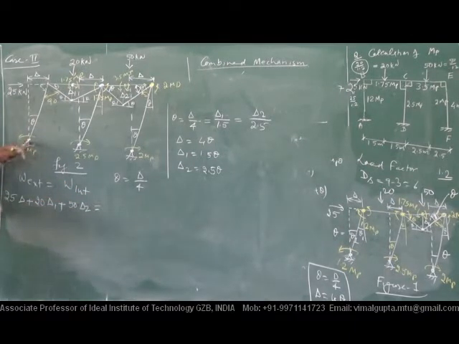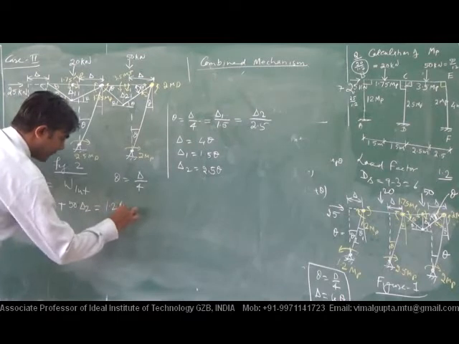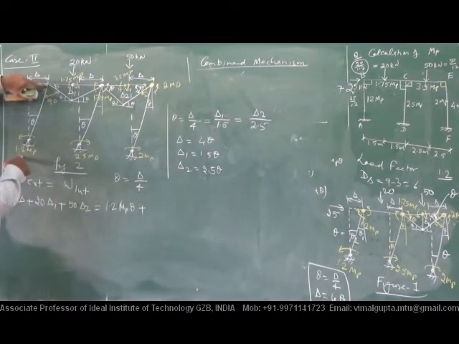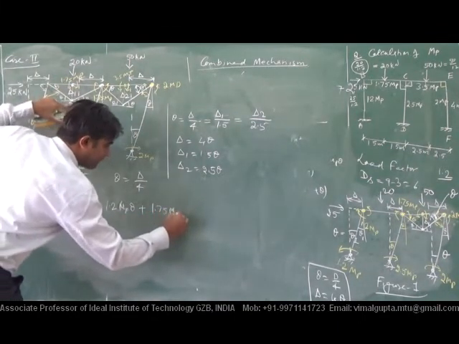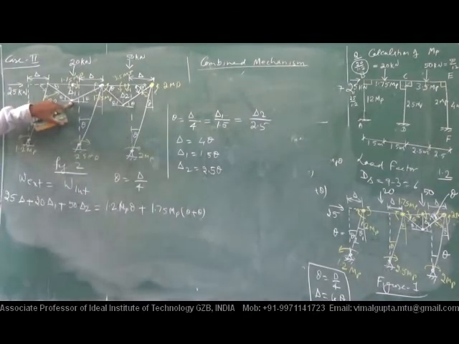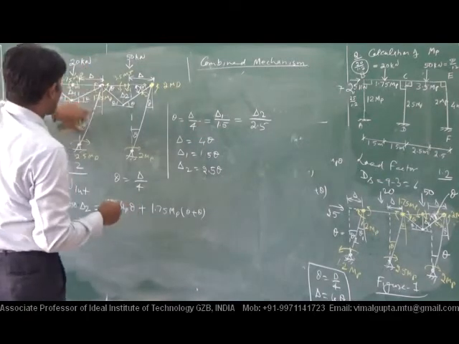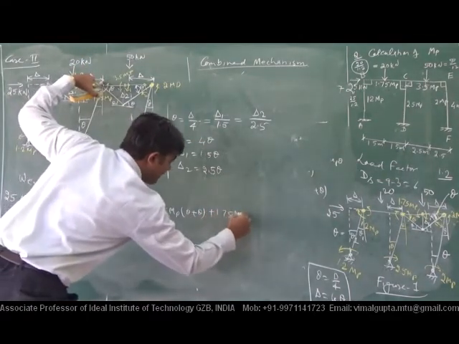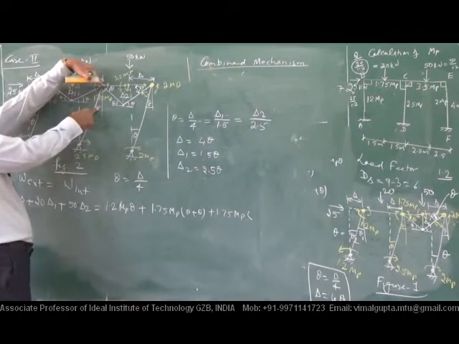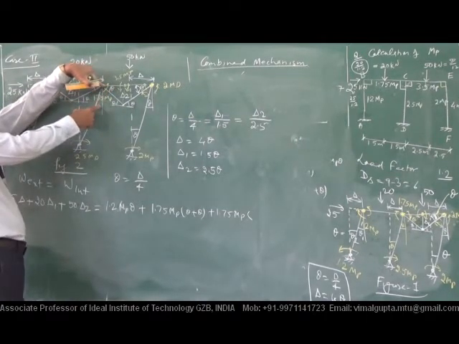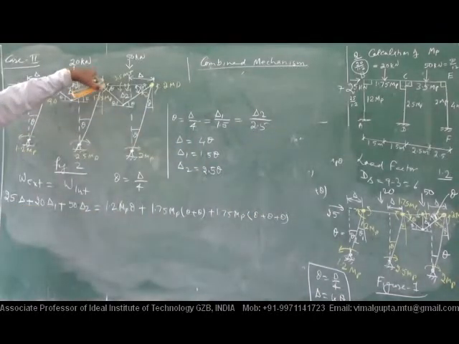Start from here. 1.25 MP into theta, plus here 1.75 MP into theta plus theta. First let me write the value, how much was it here. 1.75 MP into this theta and this theta, this theta and this one theta, means 3 theta, means theta plus theta plus theta. Clear to everybody?